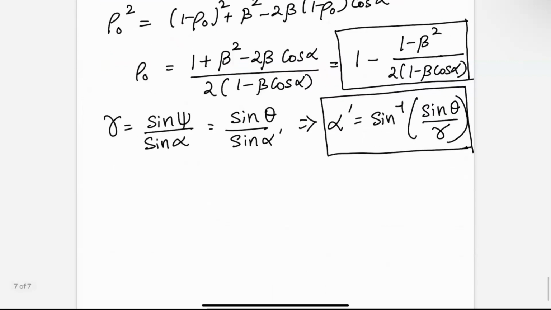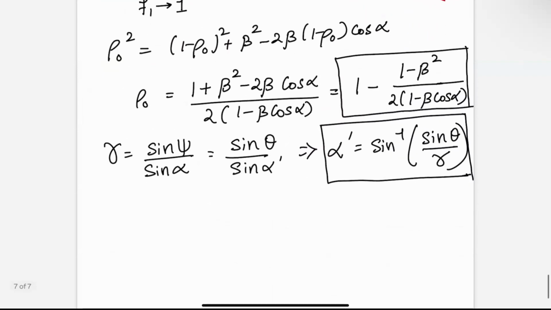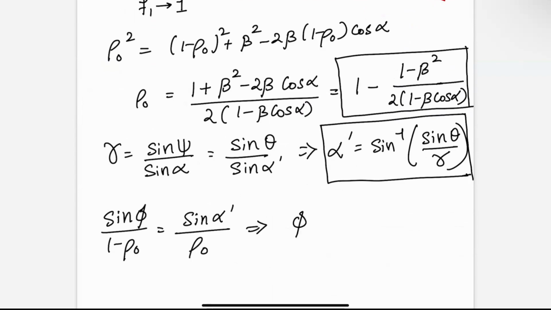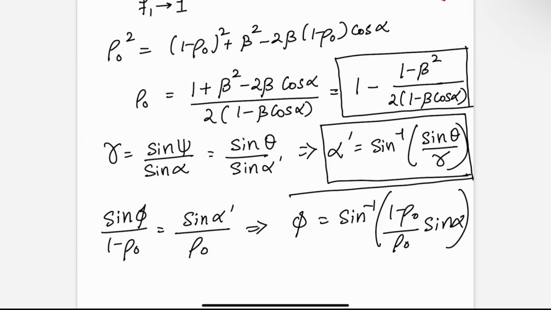So applying the law of sines, you get sine phi divided by 1 minus rho naught is equal to sine alpha prime divided by rho naught, which implies that phi is sine inverse of 1 minus rho naught over rho naught sine alpha. Okay, that's another important equation.